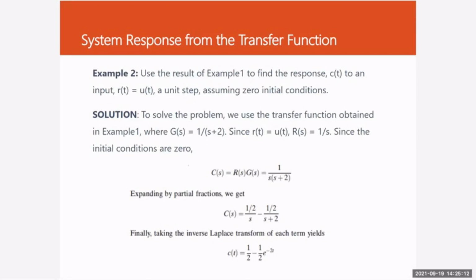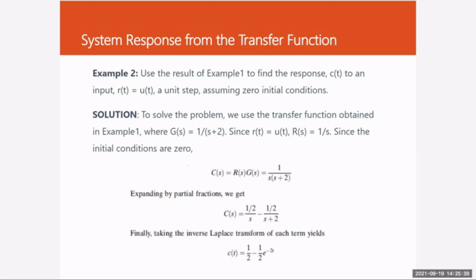C(s) is equal to R(s) multiplied by G(s), which is 1 over s multiplied by 1 over s plus 2. We just multiply the value of R(s) by G(s), so we have s times s plus 2.